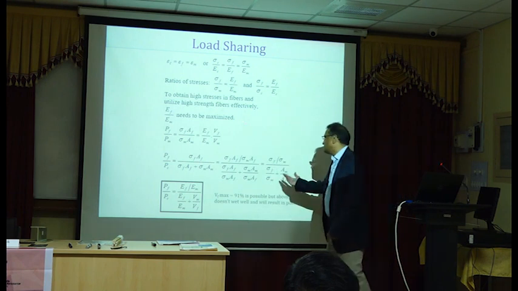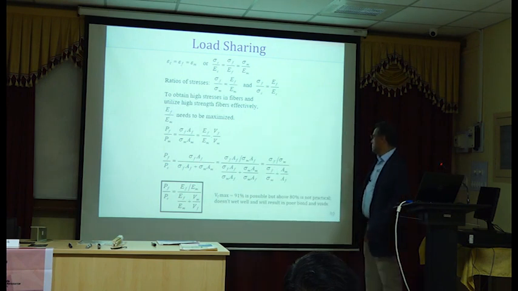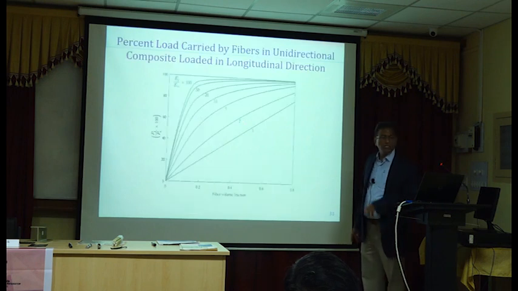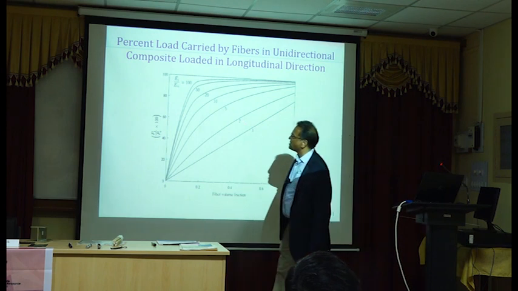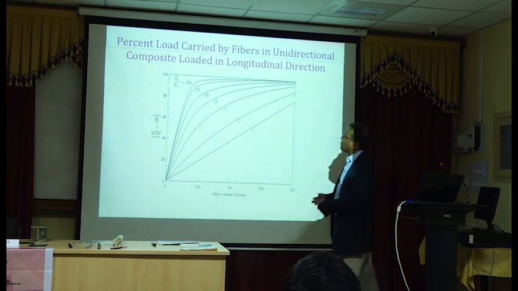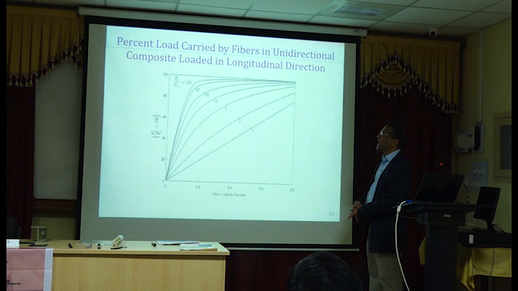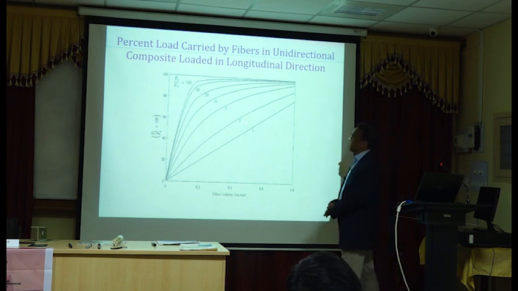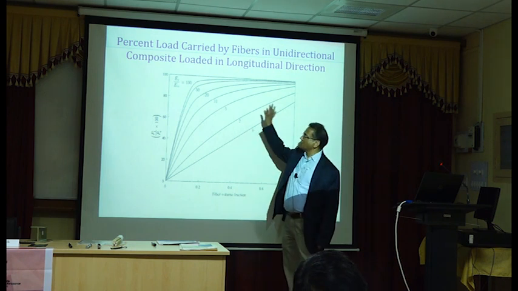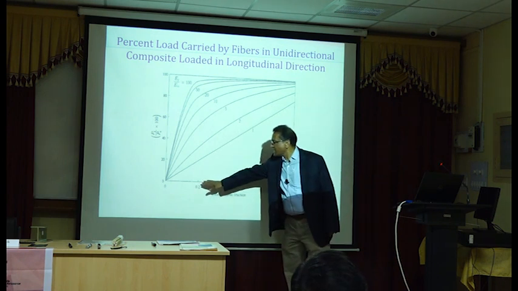We already mentioned that. We'll move on. So if you see the variation of the load carried by the fiber to the load carried by the composite, you will get this kind of curves.